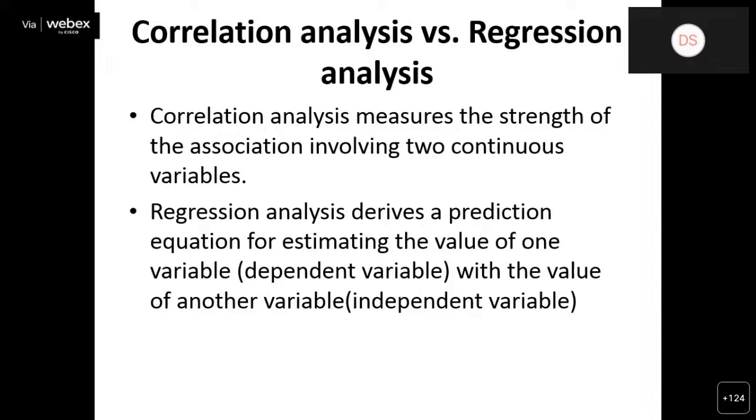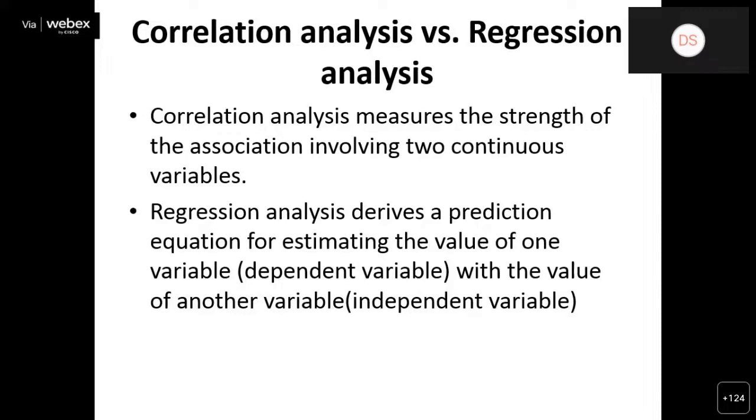Whereas the regression analysis derives a prediction equation for estimating the value of one variable, usually called the dependent variable, from the value of another variable, which is called the independent variable. In the first example which I told you, the distance and the number of visits: in correlation analysis, which is the dependent variable or independent variable is immaterial. That's not much of our concern.